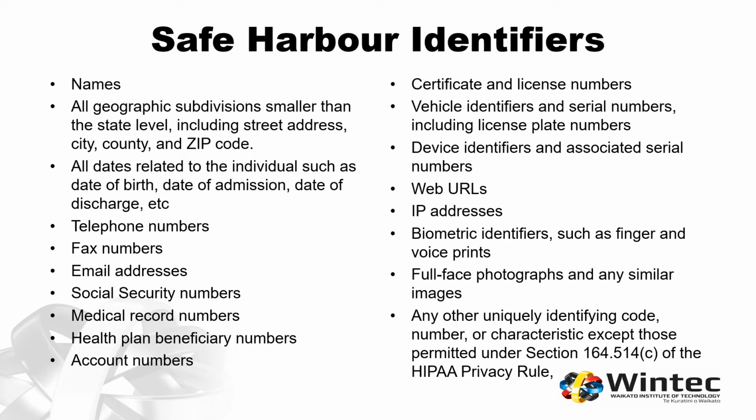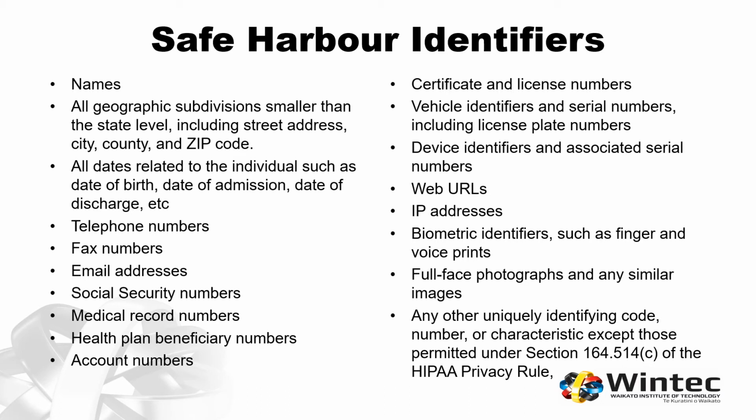Names, all geographic subdivisions smaller than the state level, individual street addresses, city, county, and the zip code. All dates that relate to individuals such as date of birth, date of discharge, etc., with the exception of the year in which those events occurred. If the individual was aged 90 or older at the time of the event, the year must also be removed or aggregated into a category of age 90 or older.